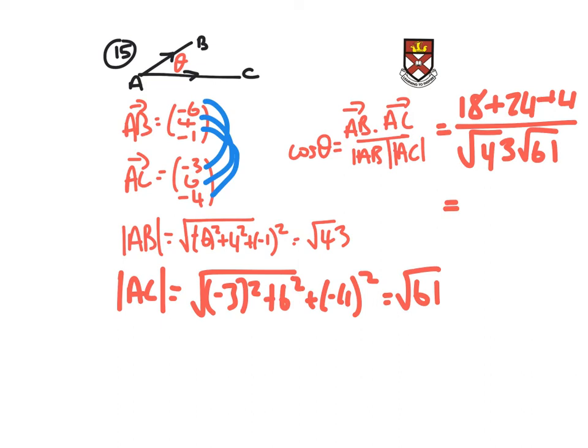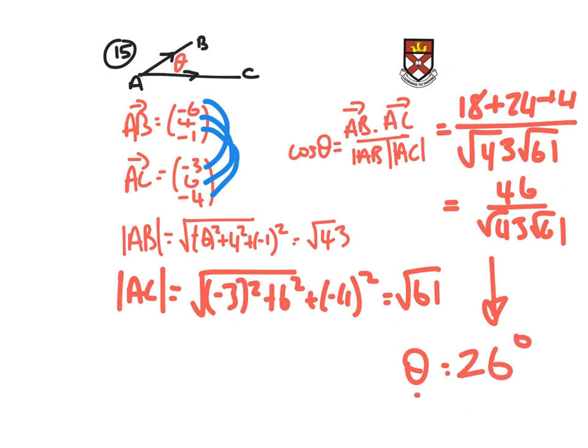So adding the top up gives us 46 over root 43, root 61. Going down here now, get our calculator, give me a second. That should come out to, if I've done it correctly, 26 degrees. Nearly there, guys, nearly there.